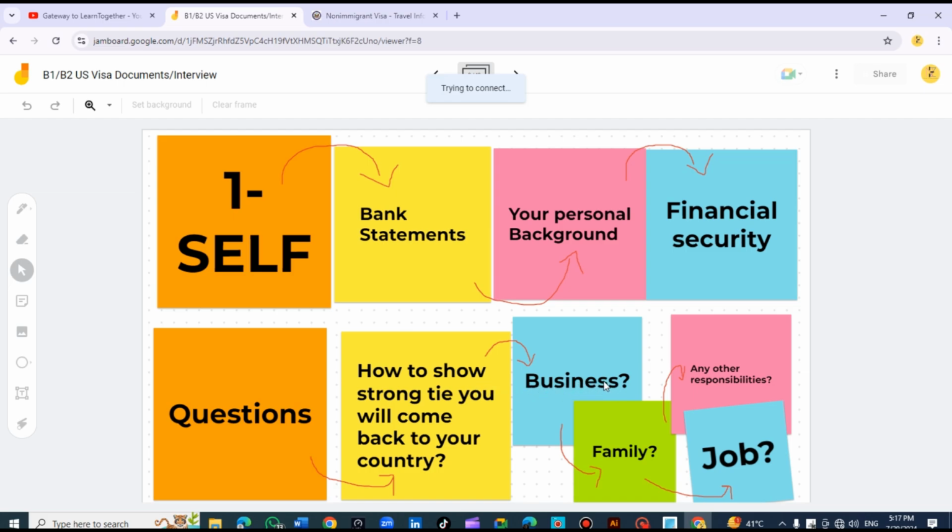So you have a lot of responsibilities, and that is why you will come back to your own country after this visit to the US. That can be one aspect, for example. And why I said business: I'm assuming if you are self-paying your trip to the US, of course you have good financial security, so you can be a businessman. This is just a situation.